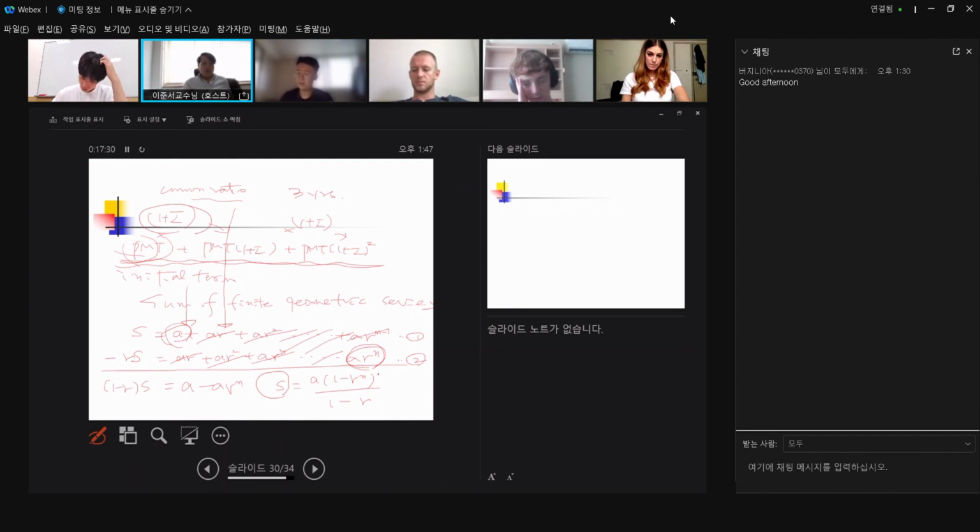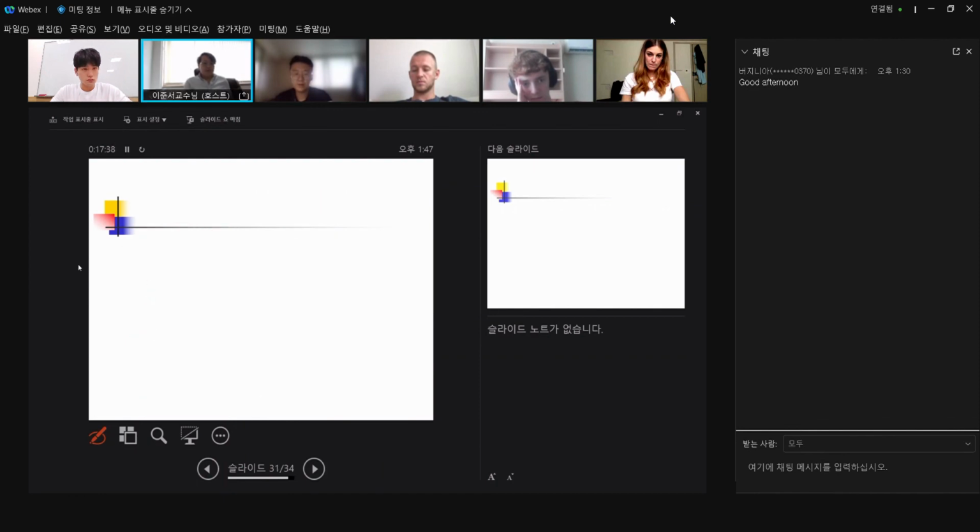Okay, and that example: S equals A times (1 minus R to the power of n) divided by (1 minus R). In the previous example, what is the first term? I already let you know, right?